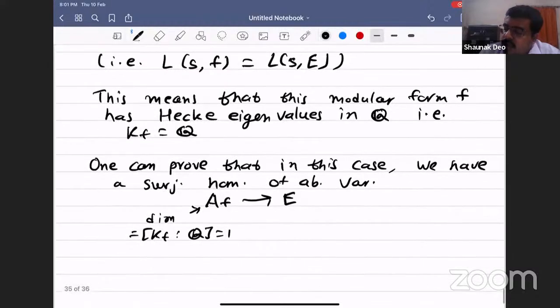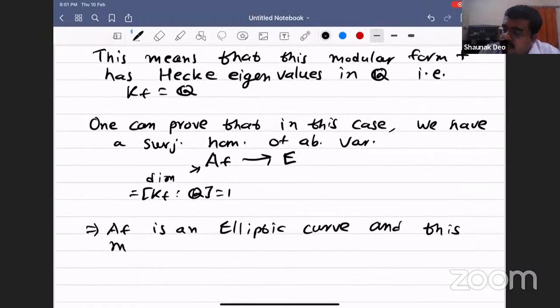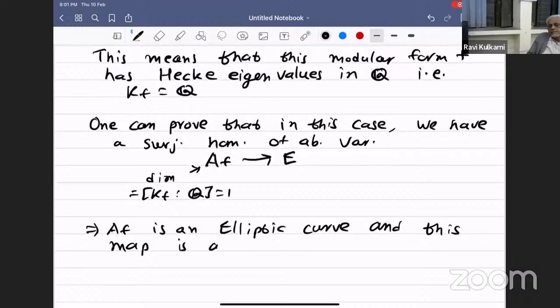So this means that AF is an elliptic curve, and this map is an isogeny.